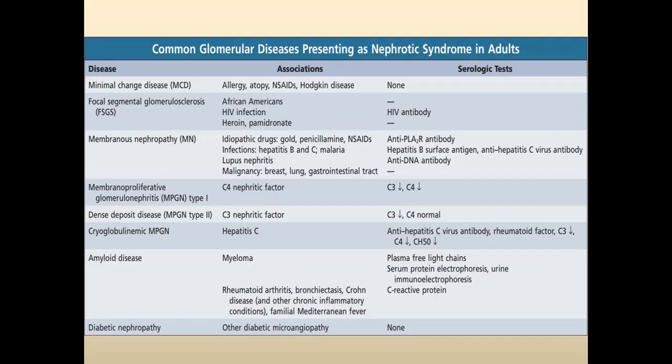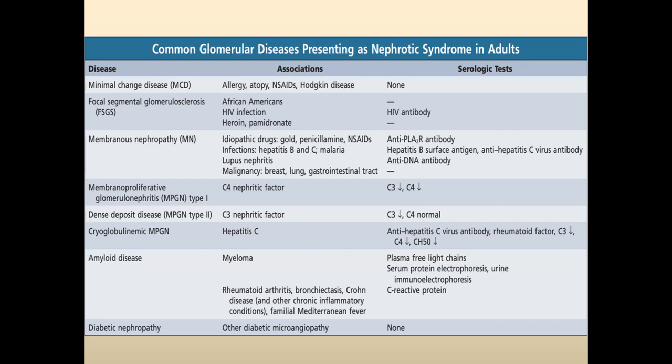Okay. What are the common glomerular diseases presenting as nephrotic syndrome in adults? Minimal change disease is associated with allergy, atopy, NSAIDs, and Hodgkin disease. As I said earlier, cancers, drugs, and allergens can lead to these lesions.